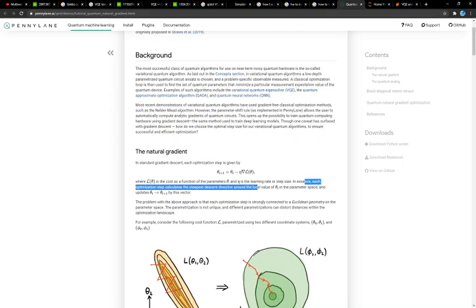In essence, each optimization step calculates the steepest descent direction around the local value theta t in the parameter space and updates these by this vector. The problem with the above approach is that each optimization step is strongly connected to Euclidean geometry on the parameter space. The parameterization is not unique, and different parameterizations can distort distances within the optimization landscape. For example, consider the following cost function L parameterized in two different coordinate systems.